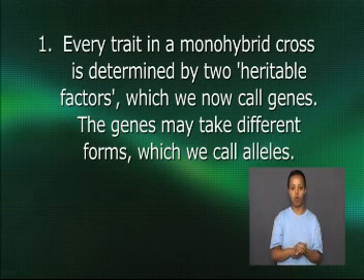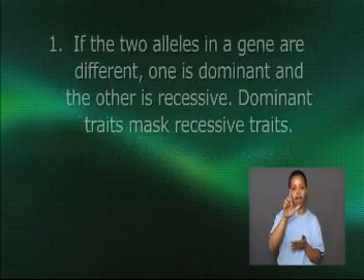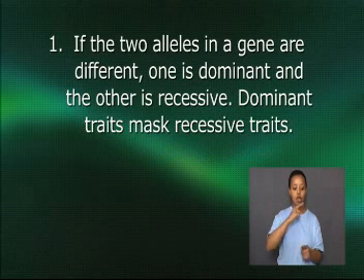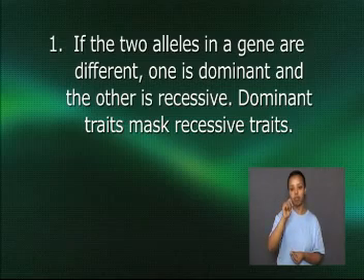The genes may take different forms, which we call alleles. If the 2 alleles in a gene are different, one is dominant and the other is recessive. Dominant traits mask recessive traits.